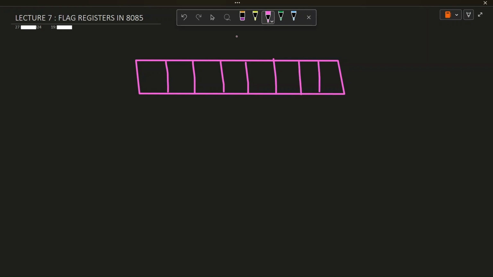The first cell is your S, the second is your Z. The third, keep it empty. The fourth is your AC. Next, keep it empty. The next is your P. Then keep it empty. And then it's CY.